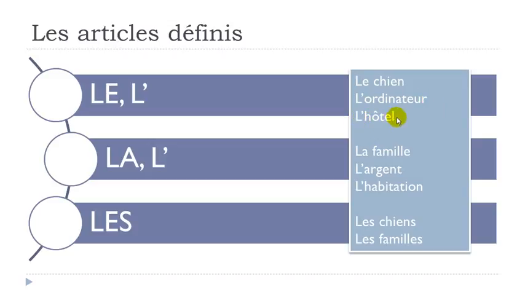And third example, I took on purpose this hôtel, okay, because it starts with H, but remember that in French we don't pronounce H, okay, so basically the first sound of the word is the vowel O, okay, so for the same reason, it needs to disappear. L'hôtel, okay, so if we repeat them, le chien, l'ordinateur, and then l'hôtel, okay?